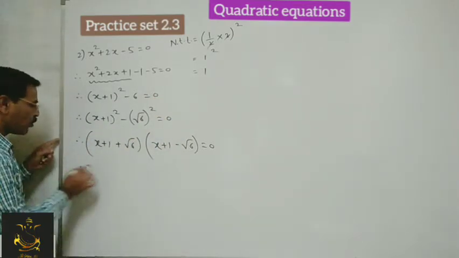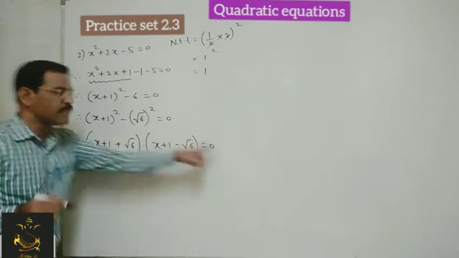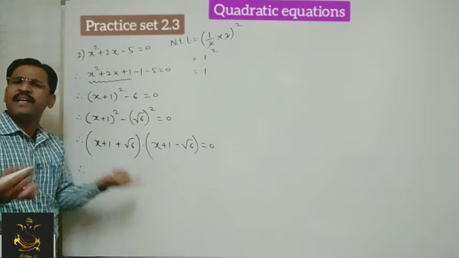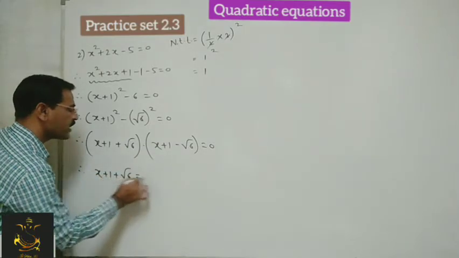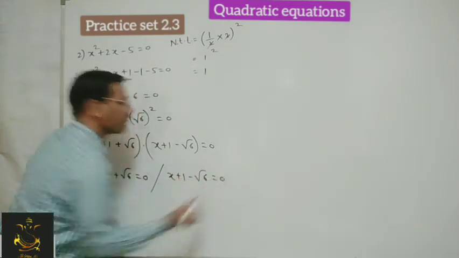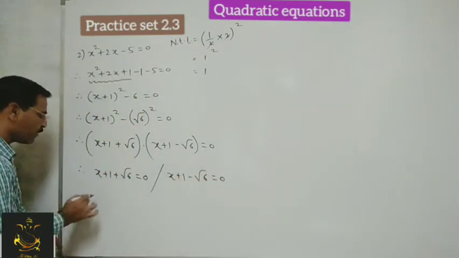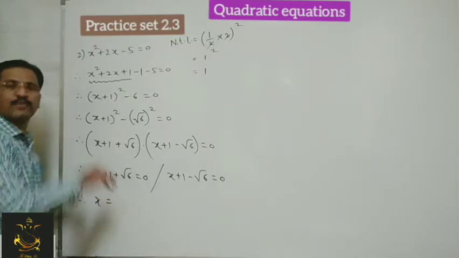Yes, whenever the product of two brackets is 0, then either the first may be 0 or the second may be 0. That means x plus 1 plus root 6 equal to 0 or x plus 1 minus root 6 equal to 0. So what will we get here? We are going to find the value of x here. So take all constant terms to that side.